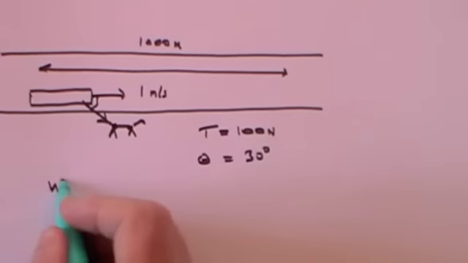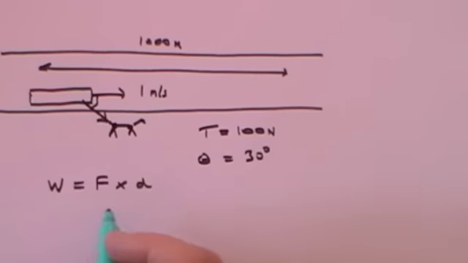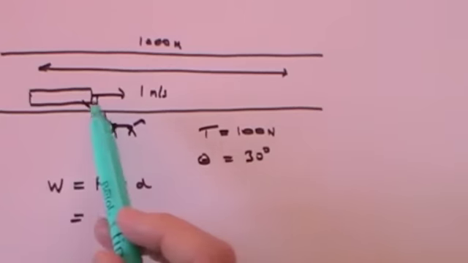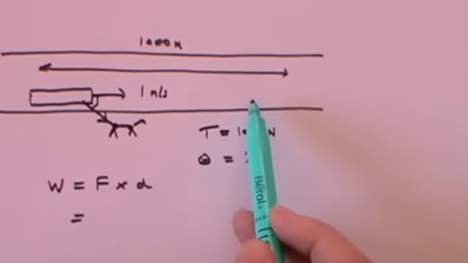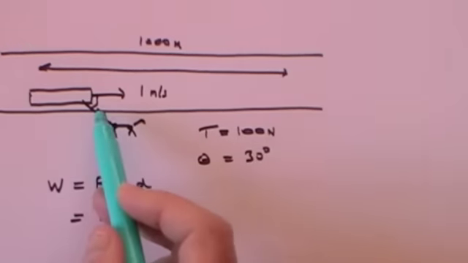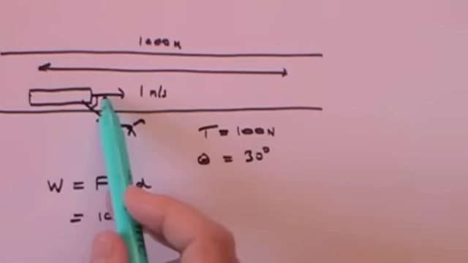Well, work is force times distance. The force is 100 newtons, but that's in this direction. We need to know what is the relevant force in this direction, the moving direction. So that's going to be 100 times sine of the angle, which is 30. Sorry, not the sine, the cosine of the angle.